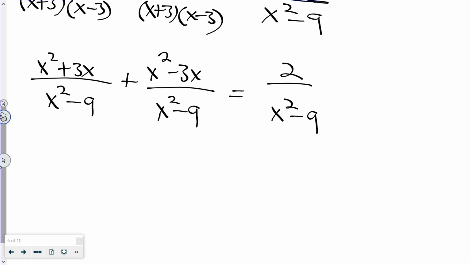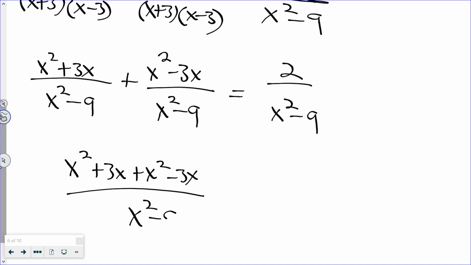We'll go ahead and add the numerators. So x squared plus 3x plus x squared minus 3x over x squared minus 9. We went from two fractions to one fraction equals 2 over x squared minus 9.